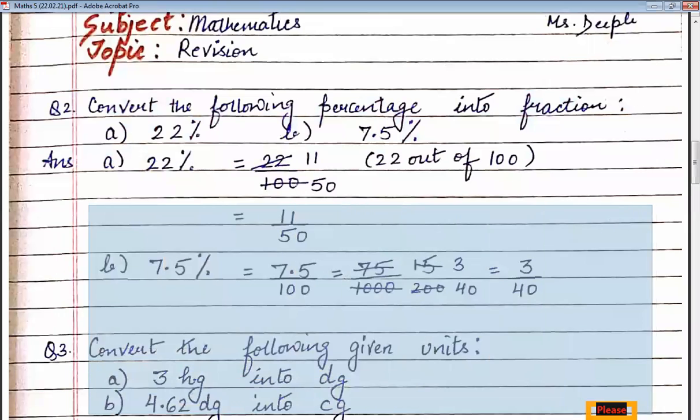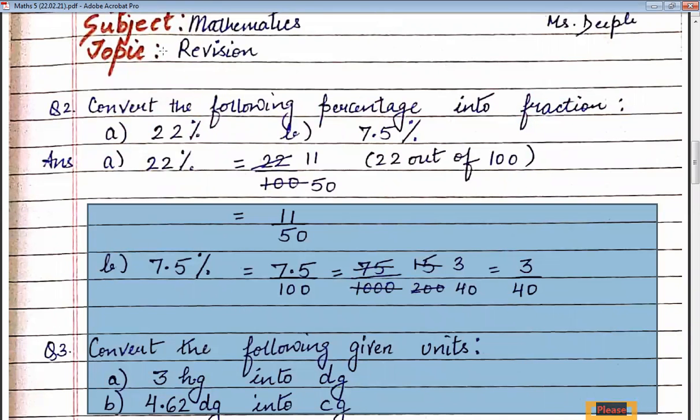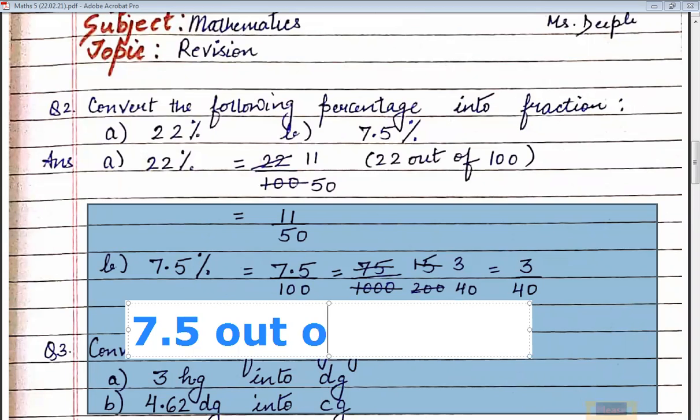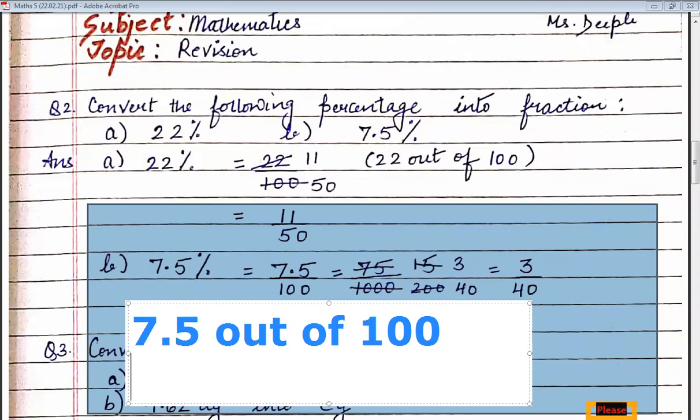Now let's have a look at this 7.5%. So 7.5% means 7.5 out of 100, which means 7.5 divided by 100. Further, you know that whenever there is a decimal, if you remove it, one extra zero will come in the denominator.